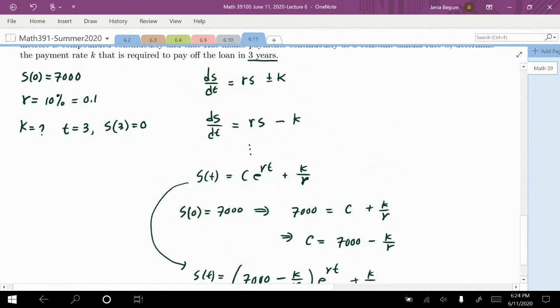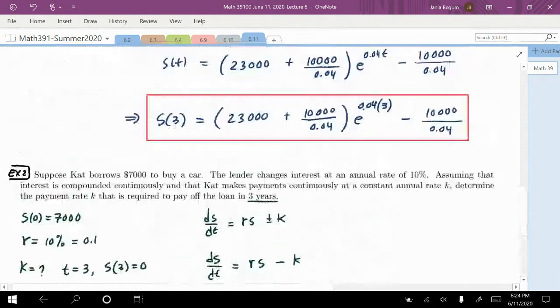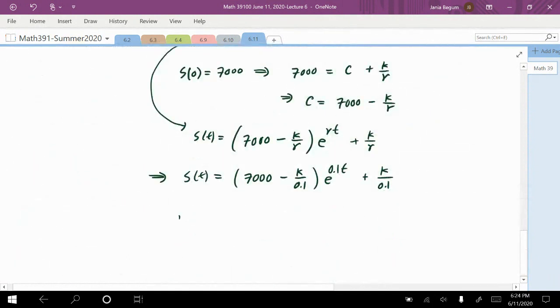So we want to know when will the balance be 0? Sorry, we want the balance to be 0 in 3 years. We want to know what is the k amount he has to pay, right? Or she has to pay. So we want 0 to equal 7,000 minus k over 0.1, e to the 0.1 times 3, plus k over 0.1.